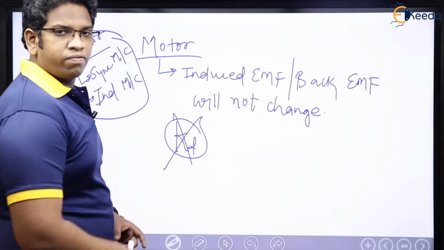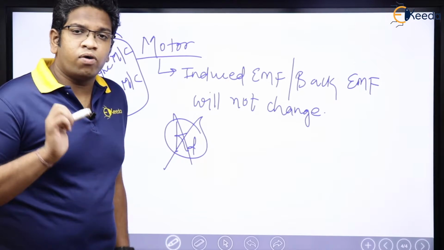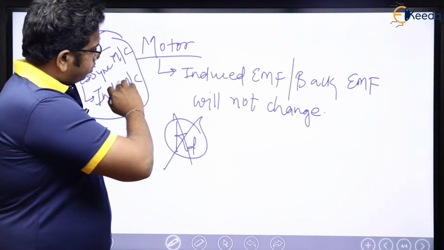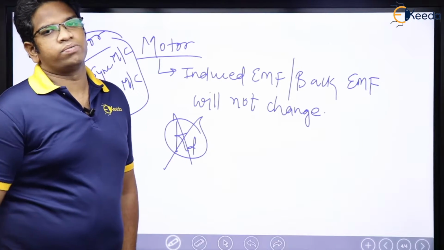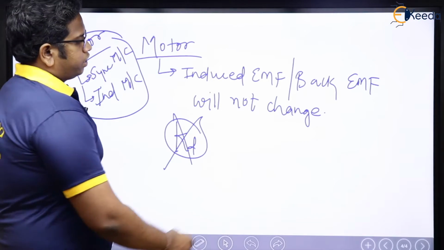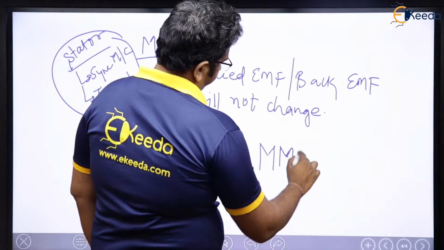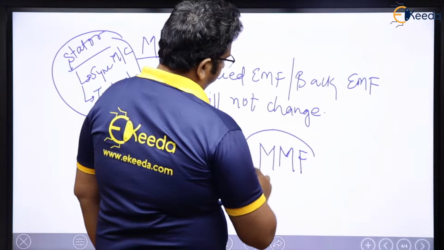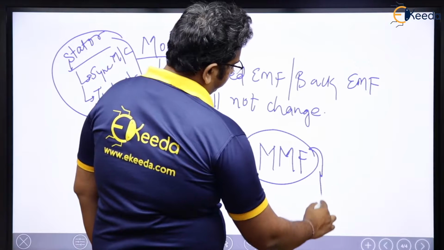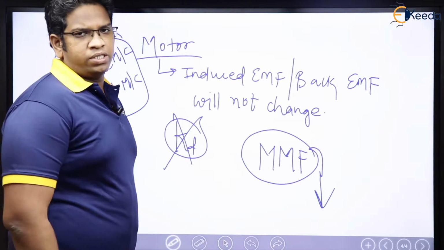But before that we need to understand, if EMF is not changing, then what is the thing that is changing? Because of distribution, if EMF is not changing, then MMF is changing, or rather we can say MMF is going to be reduced. How it is going to happen, we will see just now.